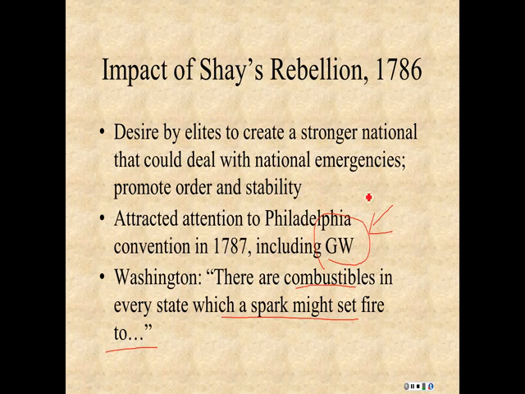Then it's George Washington lending his considerable legitimacy and power and weight to that convention, which he's going to preside over, that helps to bring some momentum to this effort to create a stronger national government.